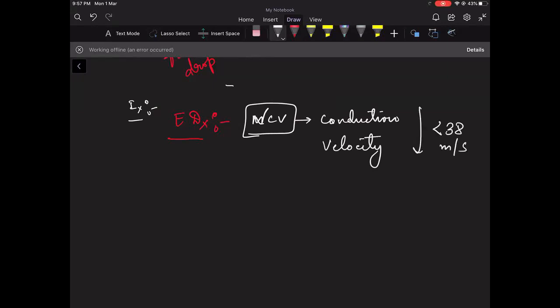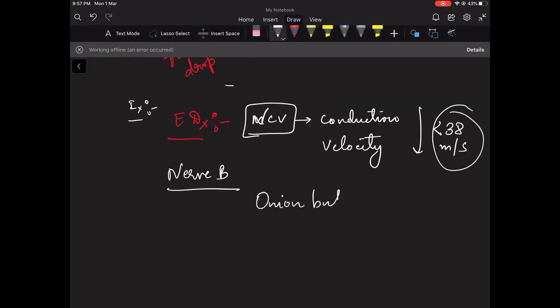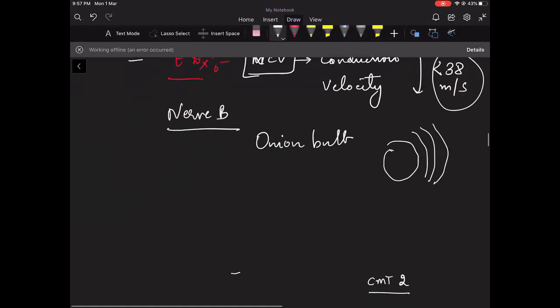This is the value given in Harrison. And when we do a nerve biopsy, we classically see onion bulbs. The large fibers are damaged and surrounded by unmyelinated fibers along with new myelin, so this will look like an onion bulb.